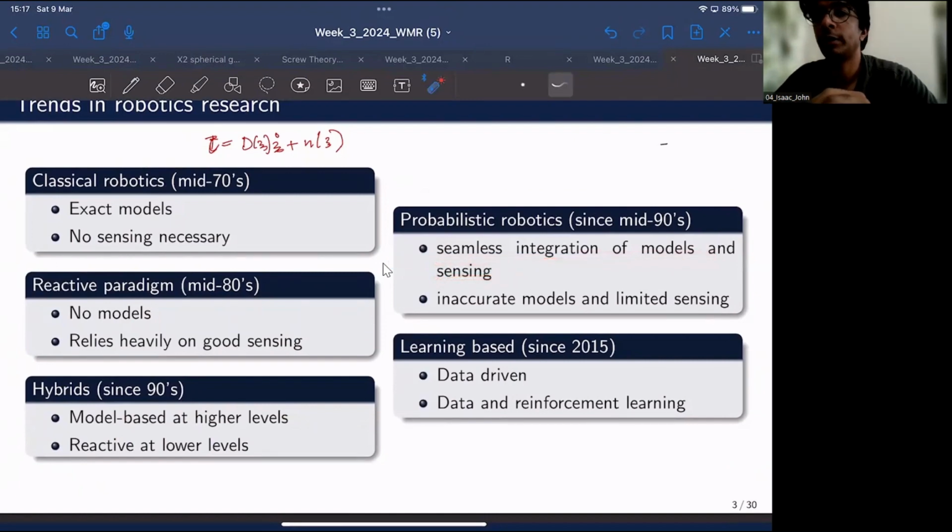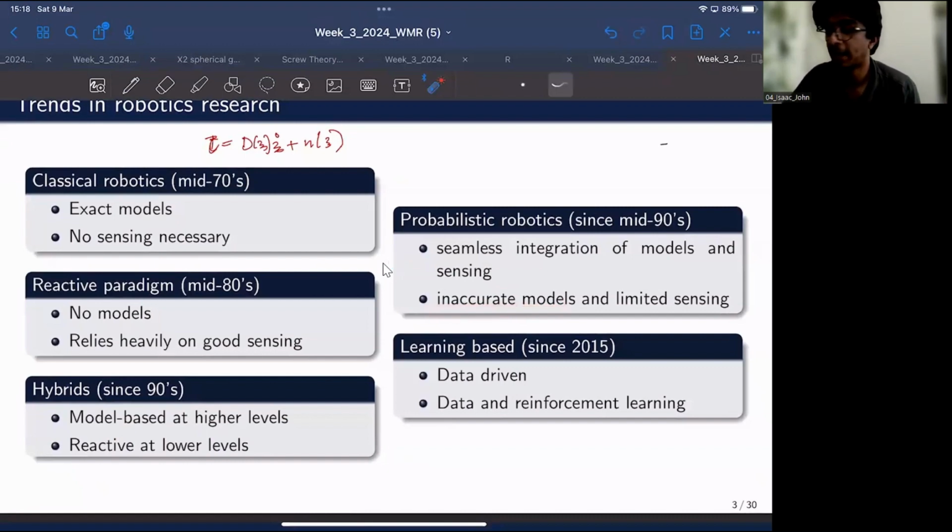If you can recall how we did this error propagation, we used whatever information we could get from odometry and whatever information we could get from sensors, and we fused these two pieces of information so that we can estimate the probability of where the robot would be at a later stage. That is about the probabilistic model. Since we cannot exactly model an error, we can assume the error to follow a distribution, for example the normal distribution. So that is in principle what probabilistic robotics is about. It's all about inaccurate models.